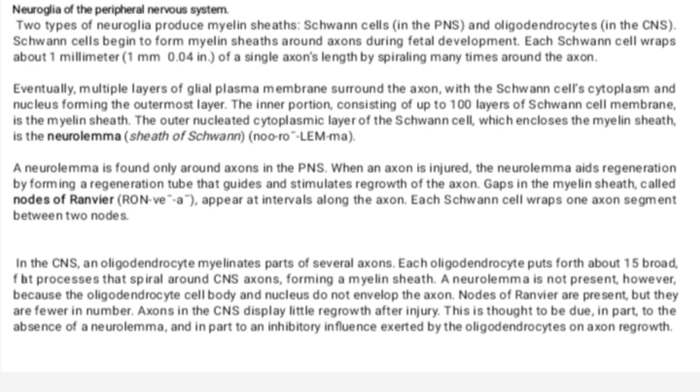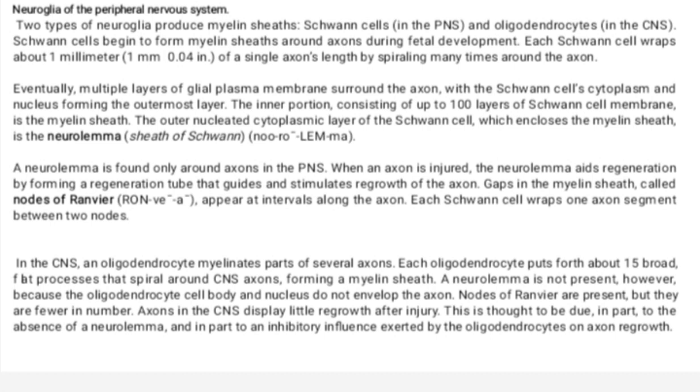In the central nervous system, an oligodendrocyte myelinates parts of several axons. Each oligodendrocyte puts forth about 15 broad processes that spiral around CNS axons, forming a myelin sheath. A neurolemma is not present, however, because the oligodendrocyte's cell body and nucleus do not envelop the axon.